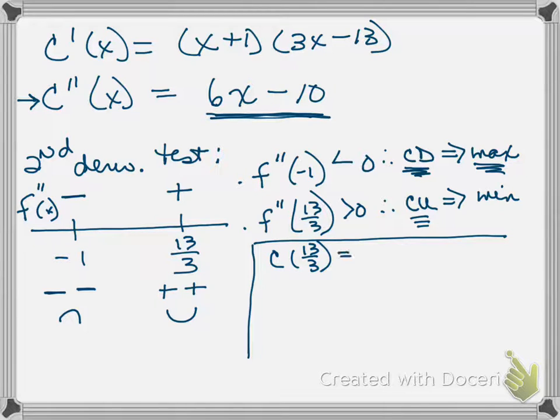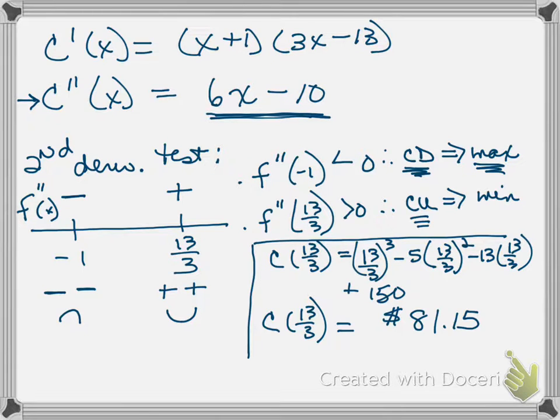And that's going to be 13 over 3 to the third minus 5 times 13 over 3 squared, and then minus 13 times 13 over 3, and then plus 150.